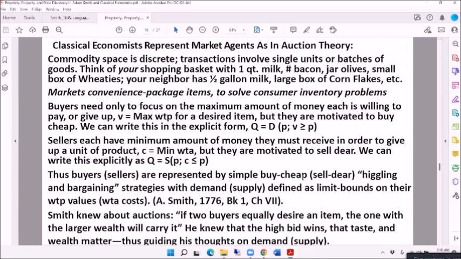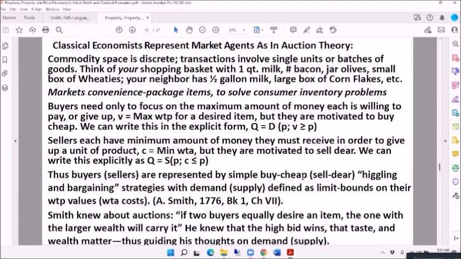So now I think it's important to realize that the classical economists represent market agents as we do today in modern auction theory. The commodity space is discrete. Transaction involves single units or batches of goods. So look at your shopping basket.